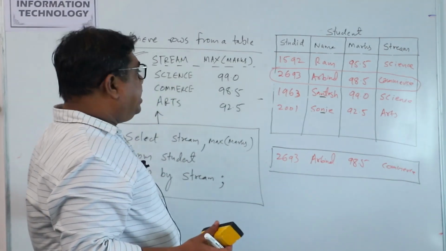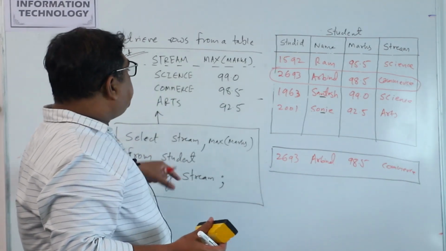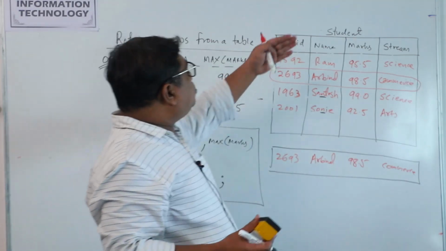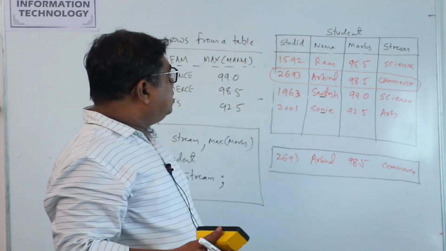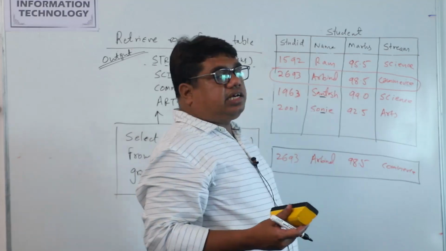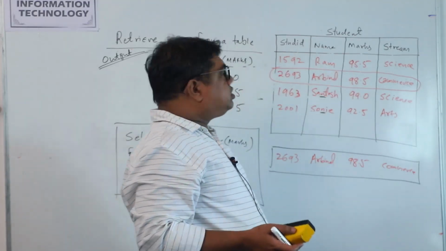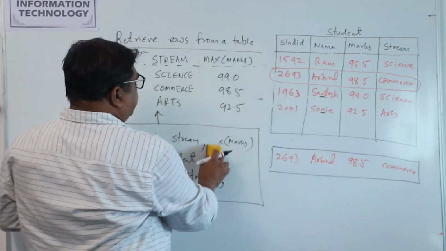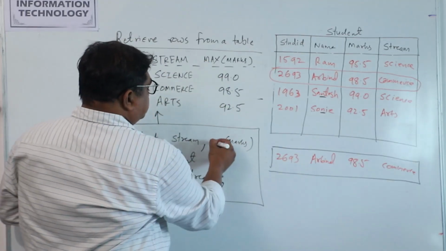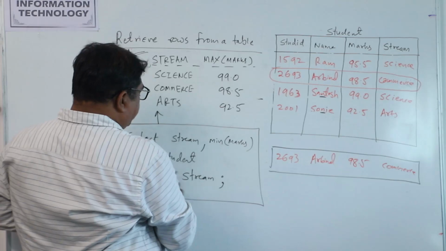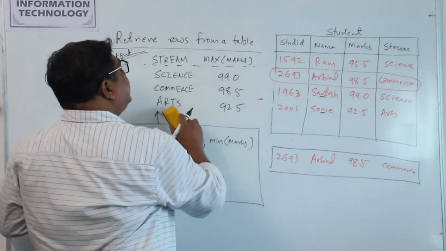Using group by. Okay, suppose I ask you to display the lowest mark for every stream. So what will I do? I will write here min marks from student group by stream. What will be the output here?